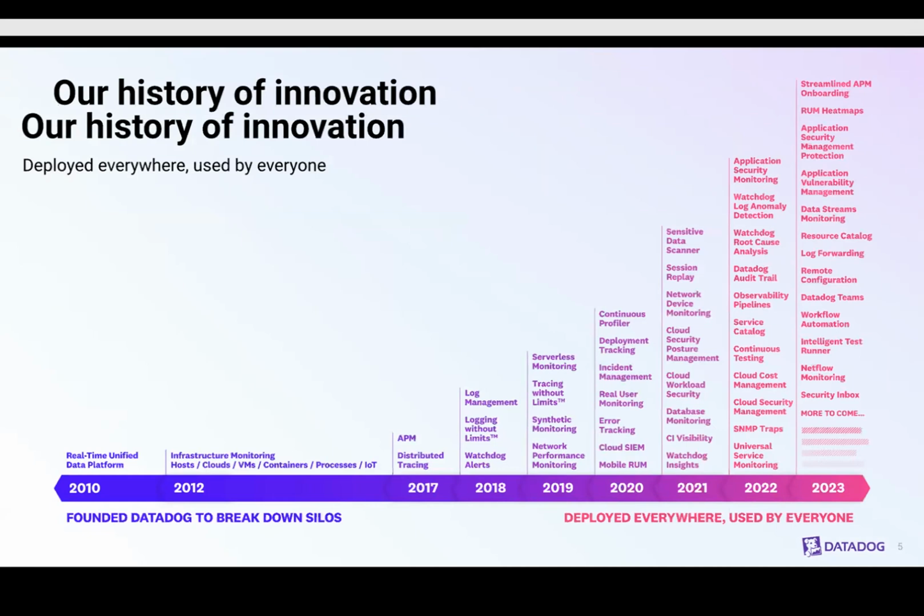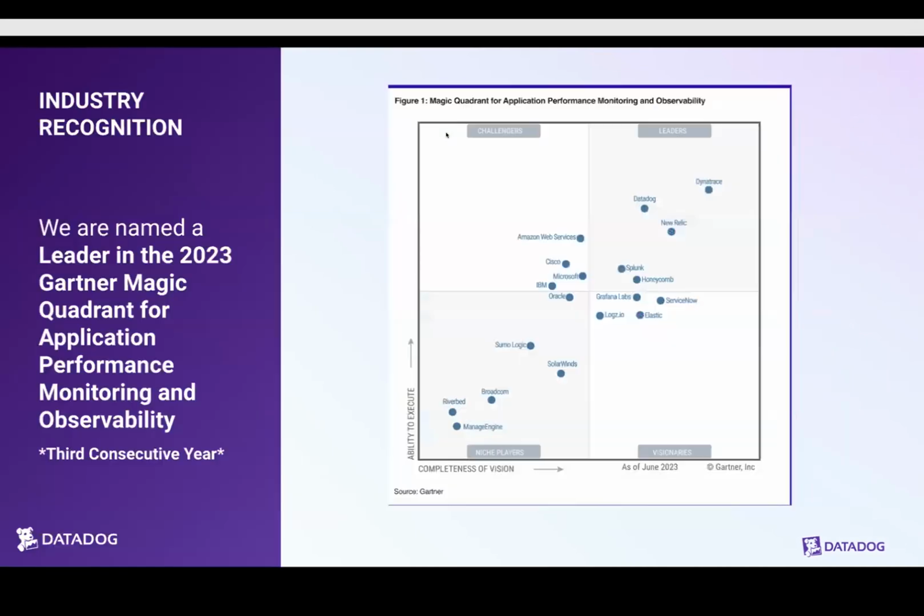As you can see, we have branched into a lot more products, which we do not need to touch on, but this shows the rapid expansion of the DevOps world. Datadog is Gartner recognized. We are the leader in the Gartner 2023 Magic Quadrant for APM and observability for the third consecutive year. You can see some other big names up there, which are all great tools and help in the DevOps world.